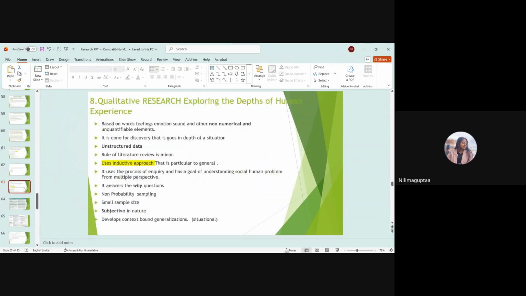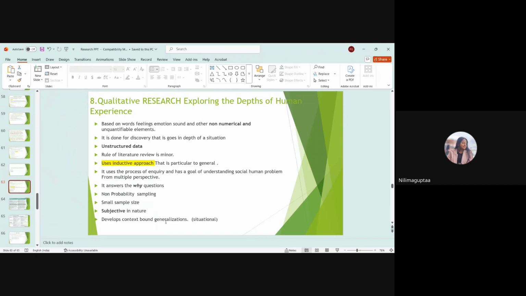Okay, the last point. This one develops context-bound generalization, situational. When I talk about qualitative research, a generalization will be applicable only in that situation. Let's say in qualitative research, I'm studying why a person is not able to open up or speak in front of people, why he or she is an introvert.